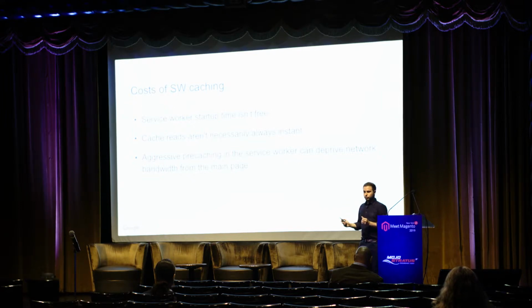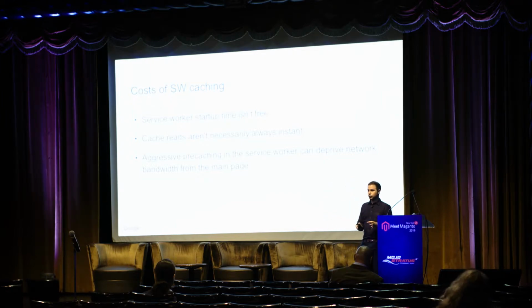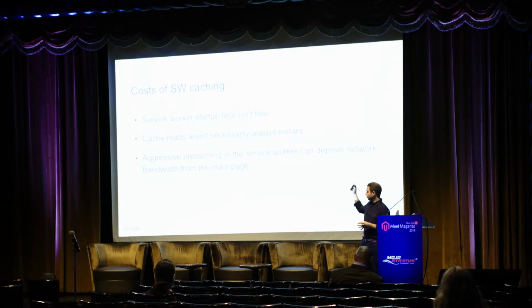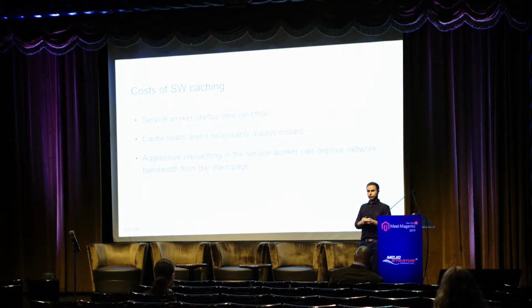Another thing is that if you pre-cache aggressively, remember that the service worker is going to run in a different thread, but it's going to share the same bandwidth with the page. So you don't want to deprive the page of bandwidth when you are pre-caching. All these things have solutions. You can do, for example, navigation preload, and you don't need to wait for the service worker to wake up.